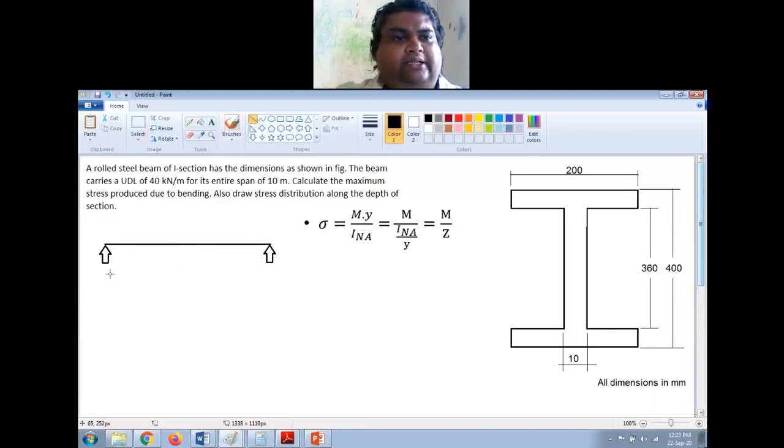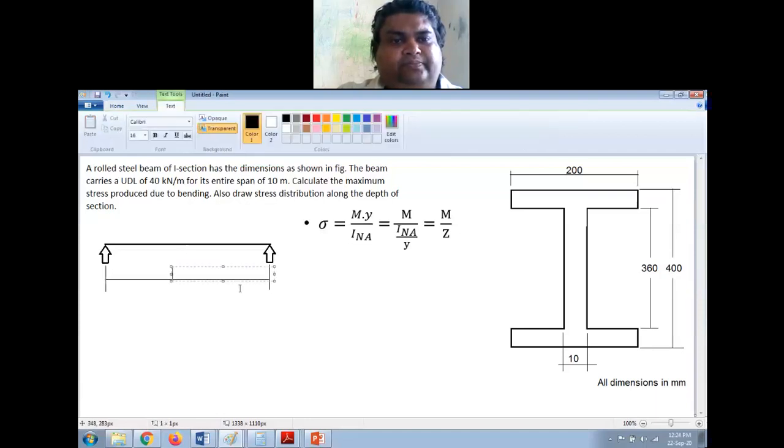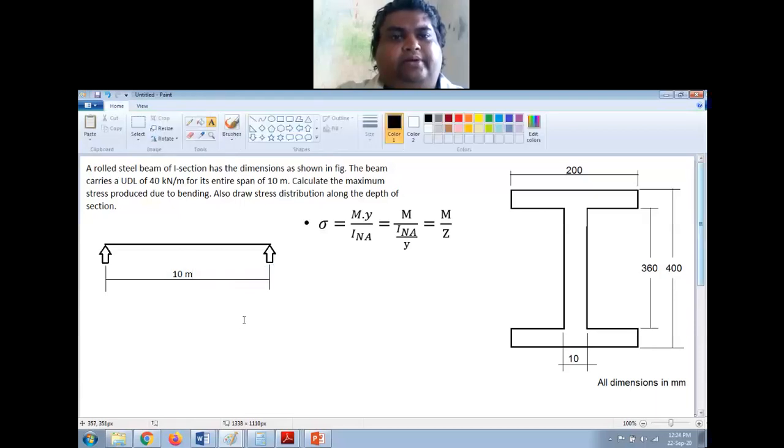Now the length of this beam or the span is 10 meters, and on this we have a UDL of 40 kilonewton per meter.